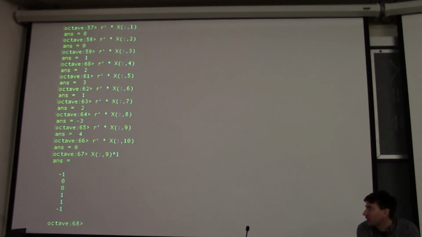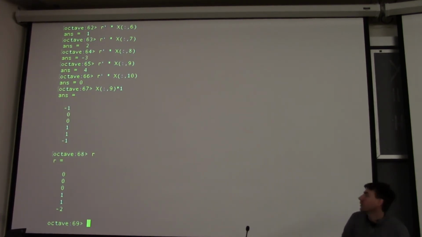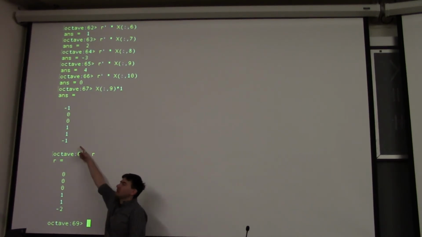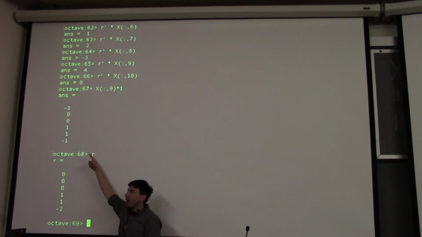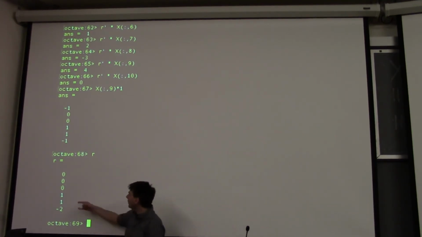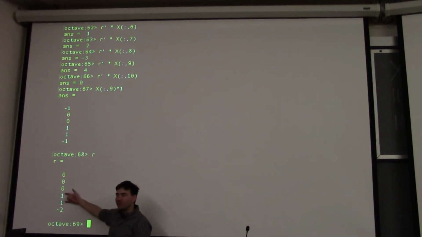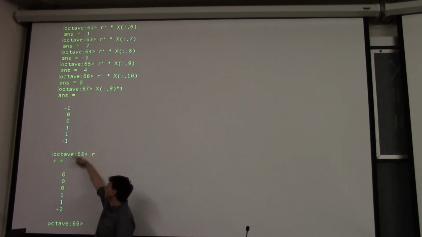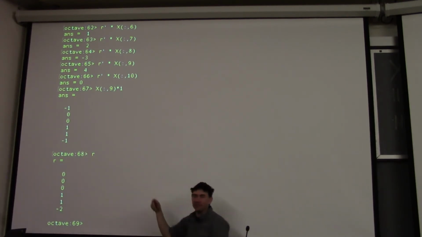I'm going to get this as my guess of the measurement. R was the measurement, and this is what my guess was using just the 9th column. So what happened? I got these two things exactly already. This one, I got part of it, but I also got this leftover thing in the first entry here.